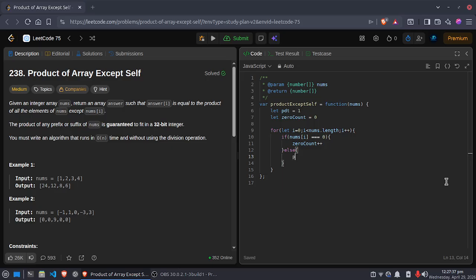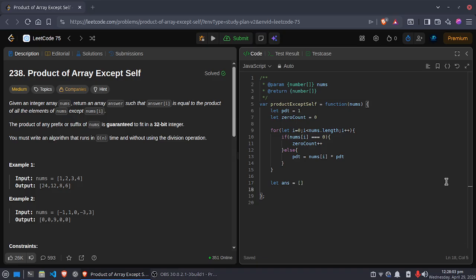Else we calculate our product as nums of i multiply product, and that's it. Means I get the product of the complete array and also the zero count, how many zeros are present in the array.